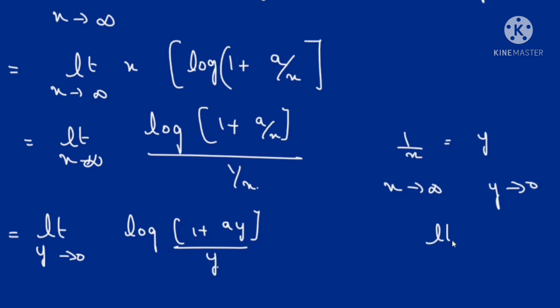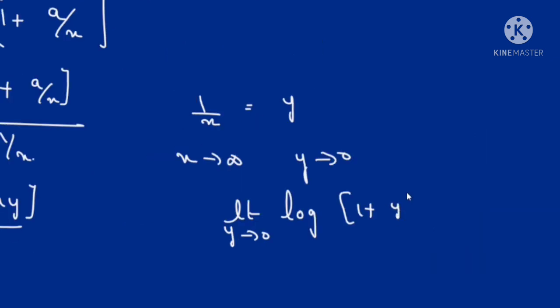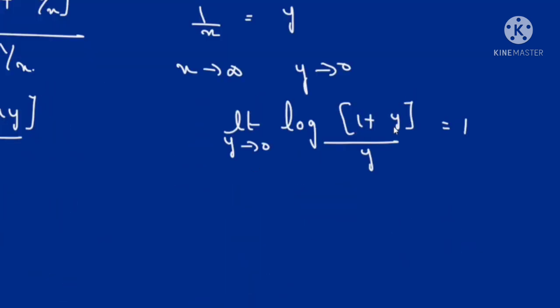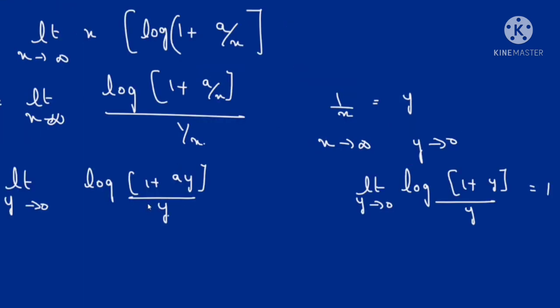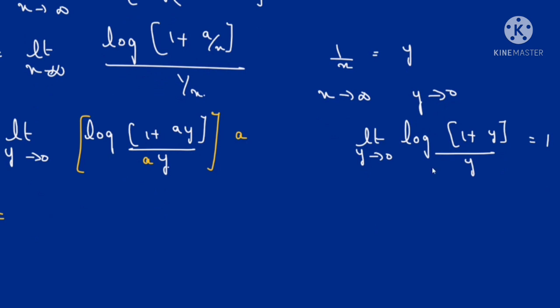But the formula is limit y tends to 0, log 1 plus y by y is equal to 1. If I have a y here, I should have a y here. That a is missing, so I multiply by a and divide by a. So this will become 1, according to the formula. 1 into a, the final answer is a.